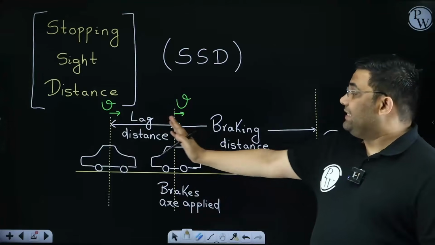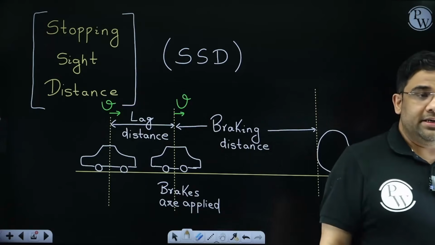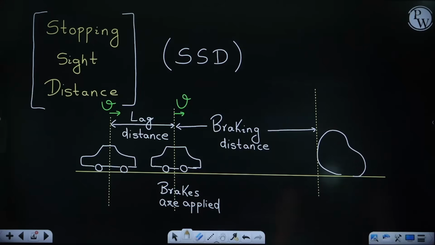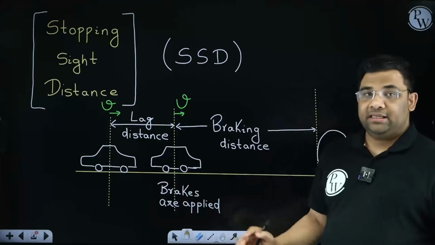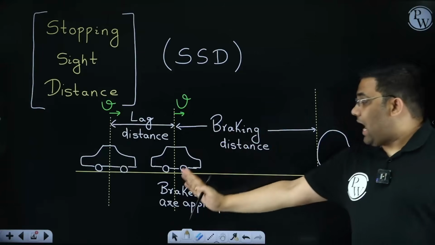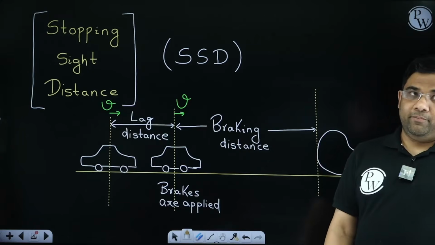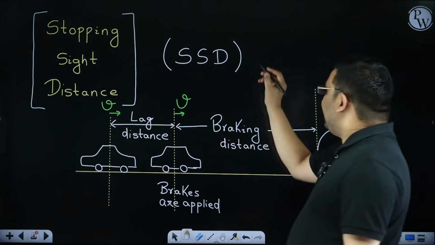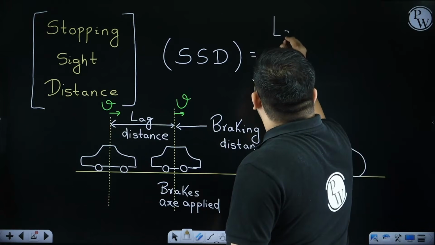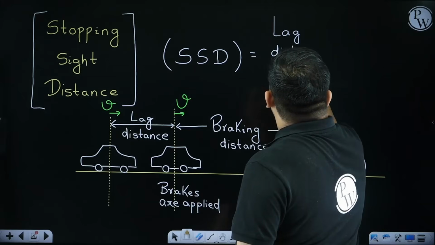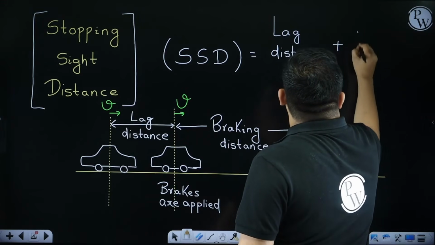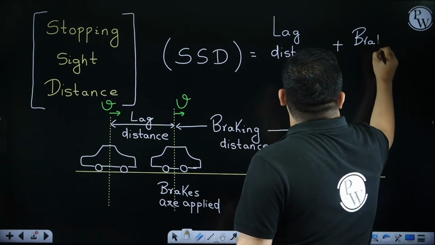And also I can say that lag distance is the distance covered before the application of brakes, and braking distance is covered after the application of brakes. And this SSD, stopping sight distance, will be equal to lag distance plus braking distance.